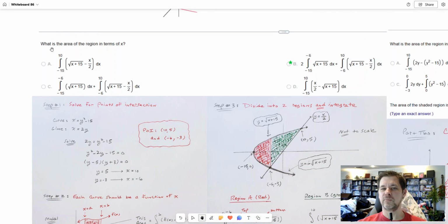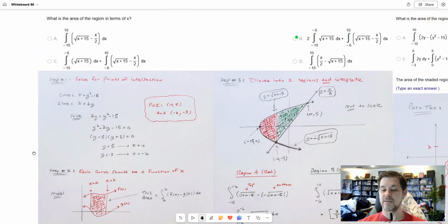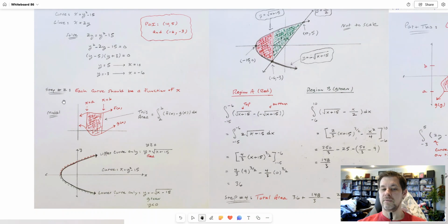Now, when it says what's the area of the region in terms of x, here's the model that we're going to use. So think of it like this. There is some region that you're trying to find the area of. So I've shaded that right here. There's a curve f of x which bounds that region from above, and another curve g of x which bounds it from below. So f of x is above g of x, or you could say f of x is greater than g of x.